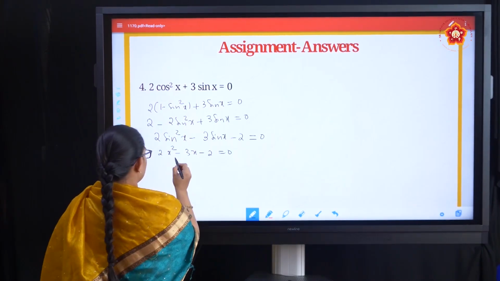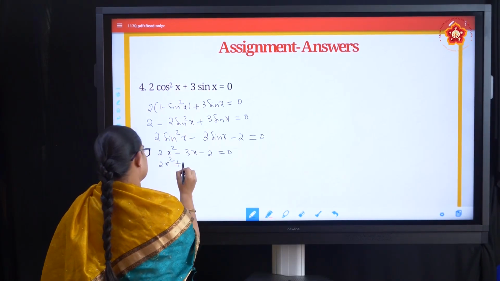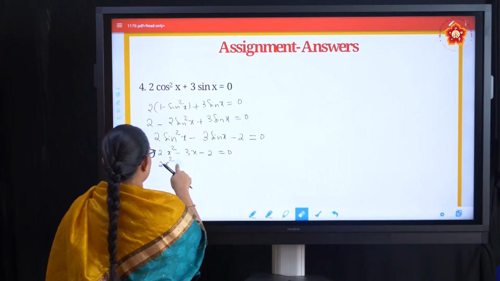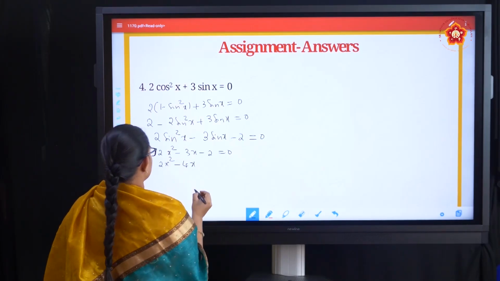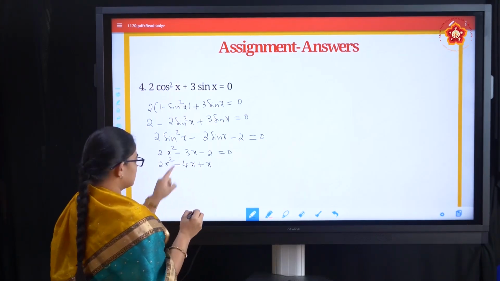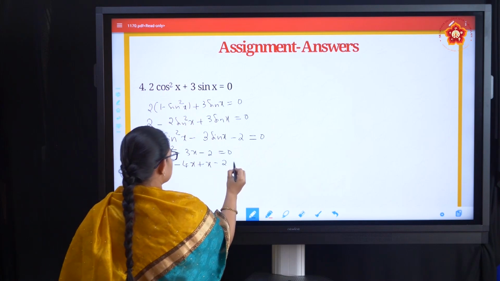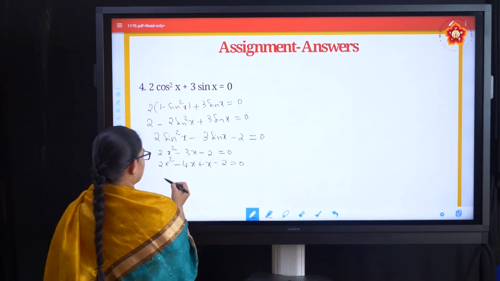So now we can write 2x² plus minus 4x plus x, correct? Minus 4 plus 1 is minus 3. So we can write this −3x as −4x + x − 2 = 0. Now factorize.